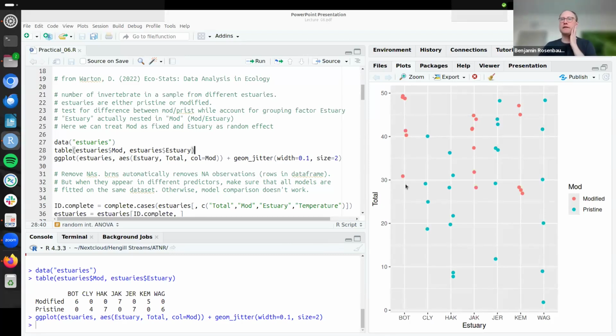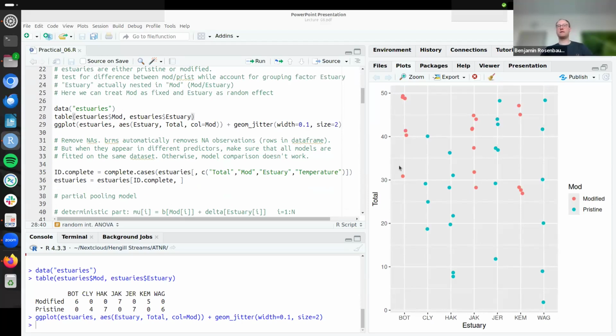But the interesting part is that each of the estuaries is either pristine or modified. And the question is: is there a difference in abundance between modified and pristine estuaries?